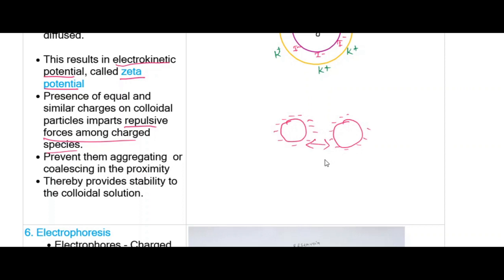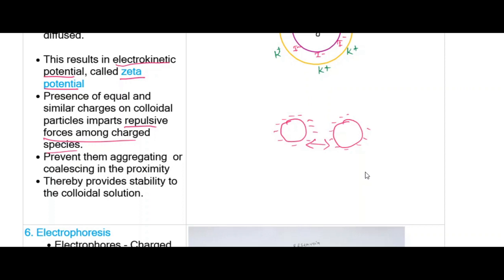And thereby it prevents aggregating, or coalescing. Coalescing means approaching each other, because in proximity they can interact, and when they interact, they may collapse. So this charge surrounding the colloidal particles prevents aggregating or coalescing in proximity, and thereby it improves the stability of the colloidal solution.